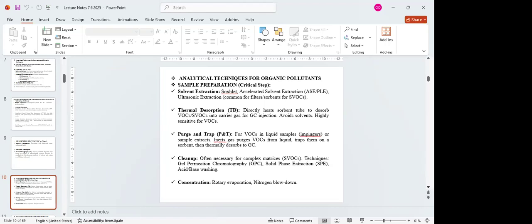If you can extract it way below its decomposition temperature for solids or boiling temperature for liquids, then you are sure that the integrity of the material, the pollutant, is retained and not damaged. That is the essence of using the rotary evaporator.